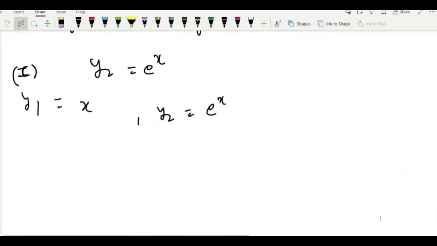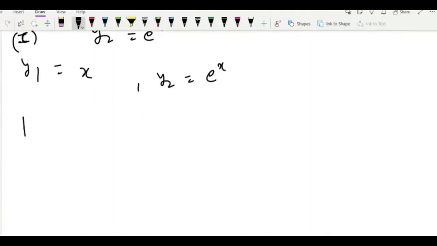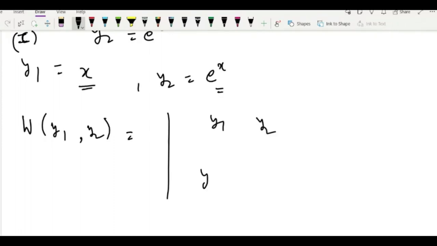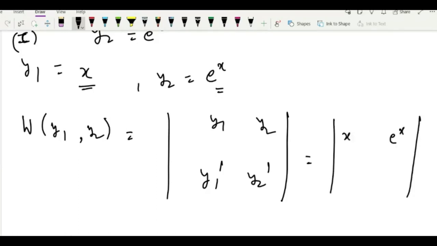Our next step is to find the Wronskian of y1 and y2, which will be given as: first write y1, y2, and secondly its derivative. As there are two functions, it will become a 2 cross 2 matrix determinant: x, e raised to power x, and its derivative 1, and e raised to power x derivative is e raised to power x.